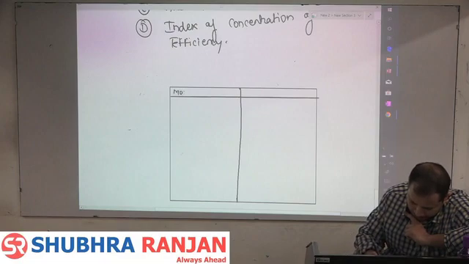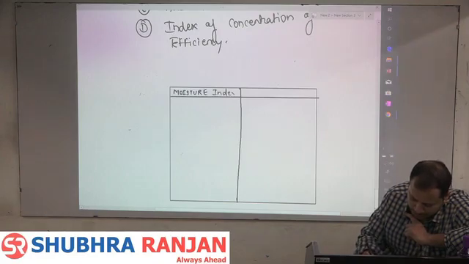Based on moisture index, he identified 9 humidity provinces as shown below.